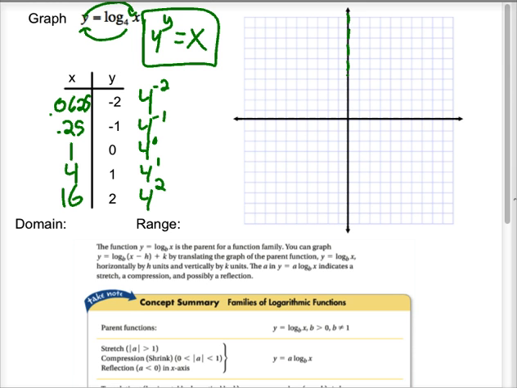So I'm going to put in my vertical asymptote at 0. And now I'm going to start plotting my points. So 0.0625, so barely off the y-axis, and negative 2.